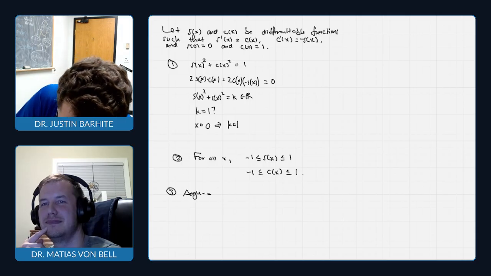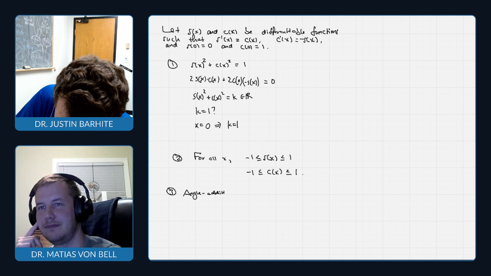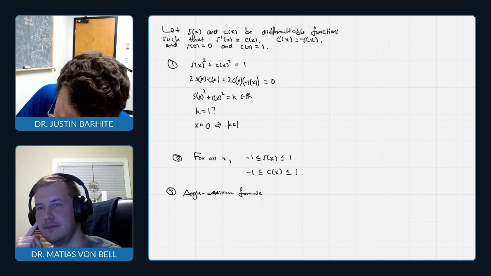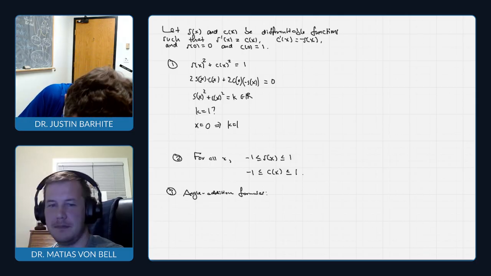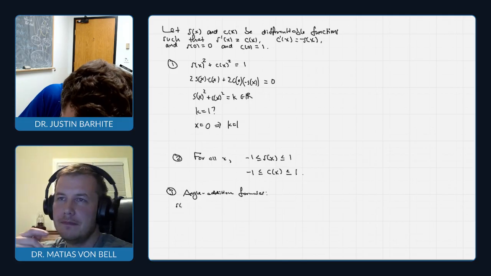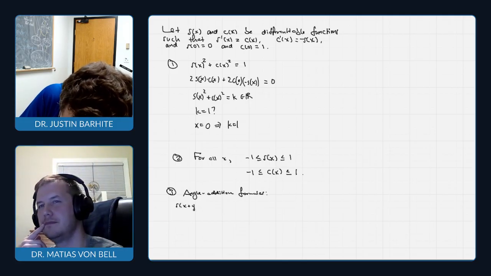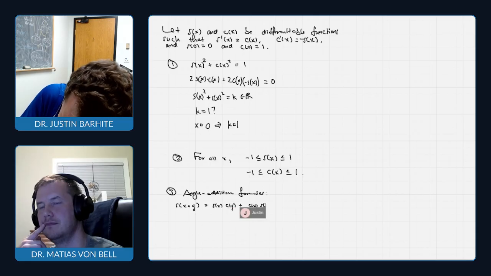All right, so you'll recall that one of the first things that we did with exponential functions was to prove something about e of x plus y. The analog, of course, is the angle addition formulas, which are that s of x plus y is s of x c of y plus c of x s of y.